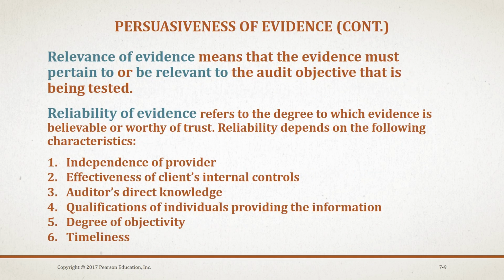Relevance of evidence means that the evidence has to pertain to what we're testing. We're going to test a cash account, a bank reconciliation. Well, we want to look at a bank rec. We want to look at a bank statement. If we looked at an inventory cutoff sheet, that wouldn't be relevant evidence when auditing the cash account.